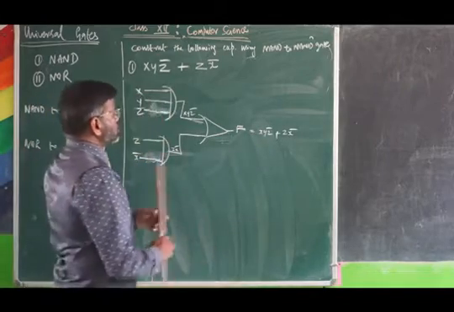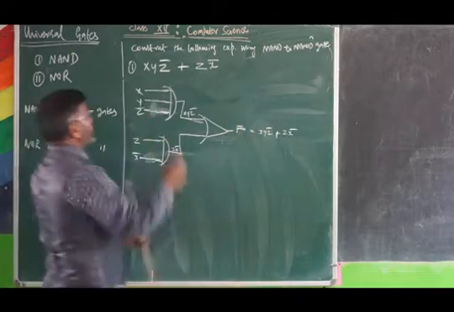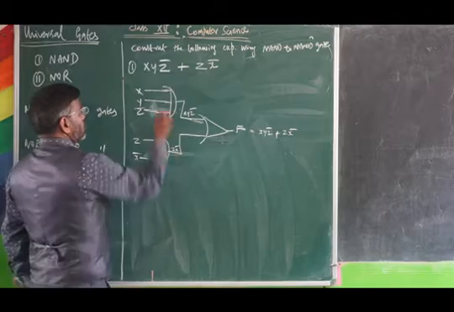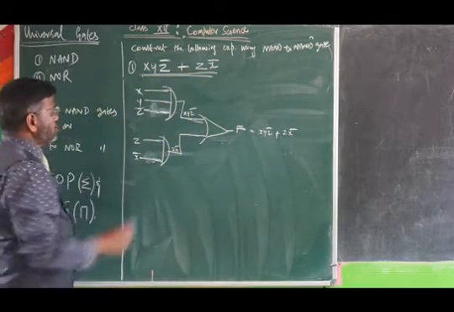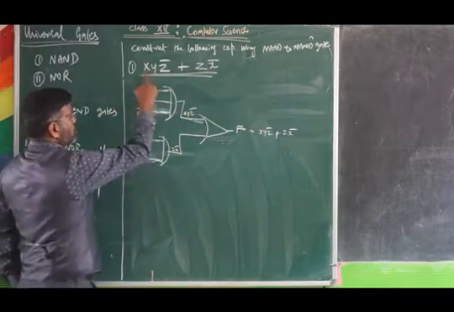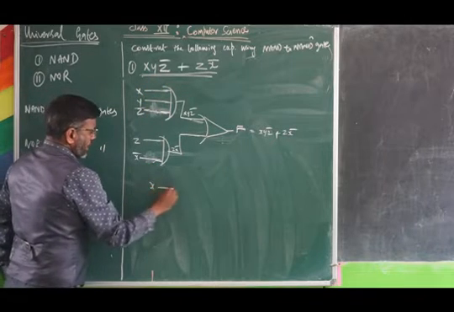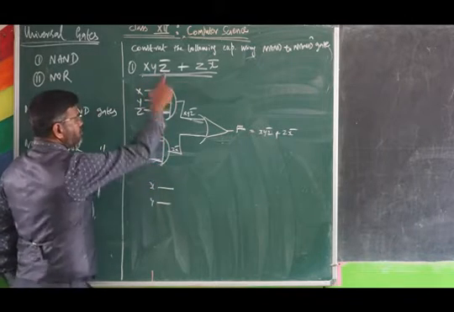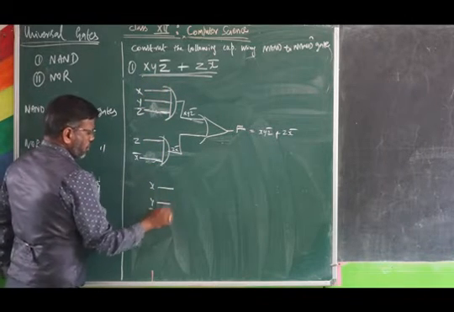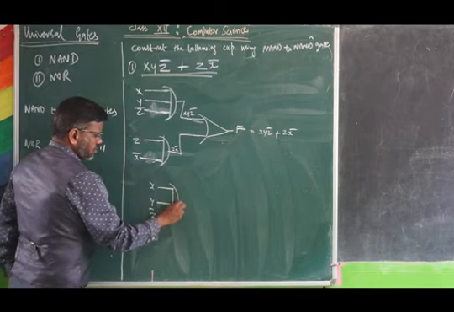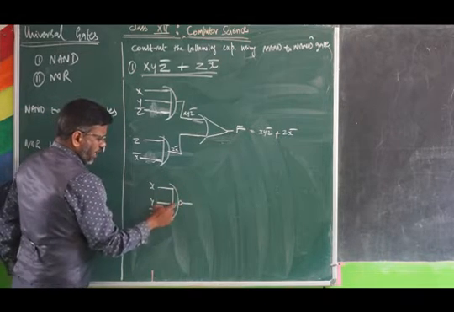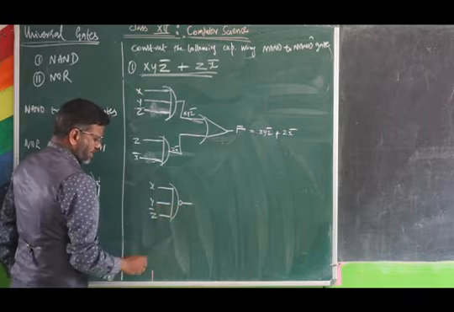Now I am going to use NAND to NAND gate for the very same expression. What I do is, this is the X, this is your Y input, and this is your Z complement. All of them are connected by an AND gate, NOT AND, which is called a NAND gate.